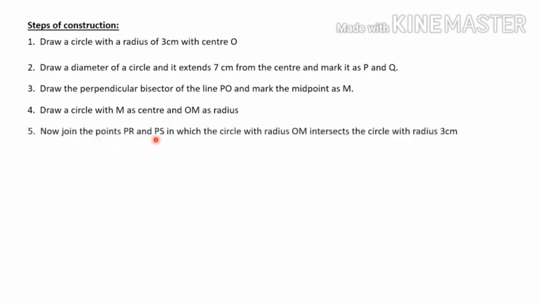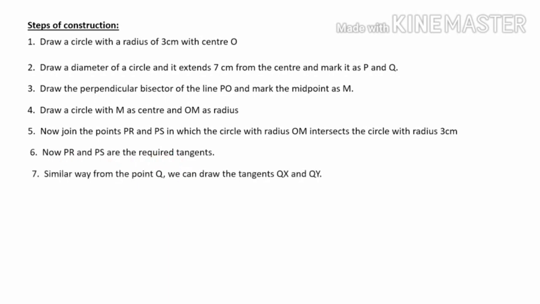Join the points PR and PS in which the circle with radius OM intersects the circle with radius 3 cm. Now PR and PS are the required tangents. Similar way, from the point Q we can draw the tangents QX and QY.